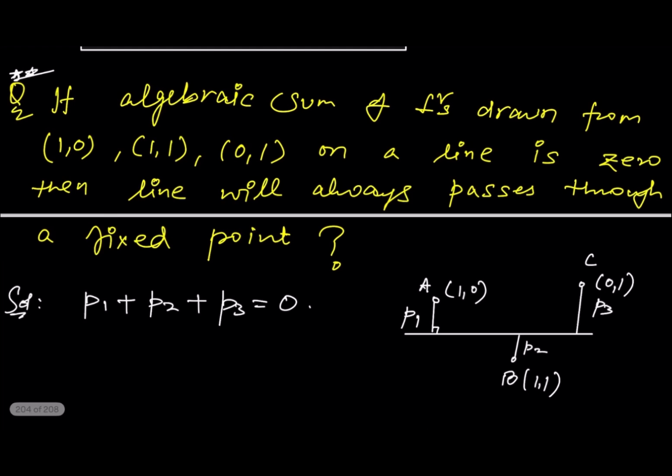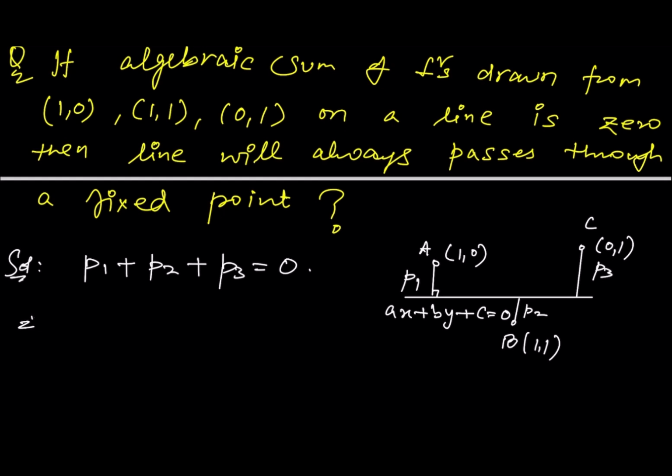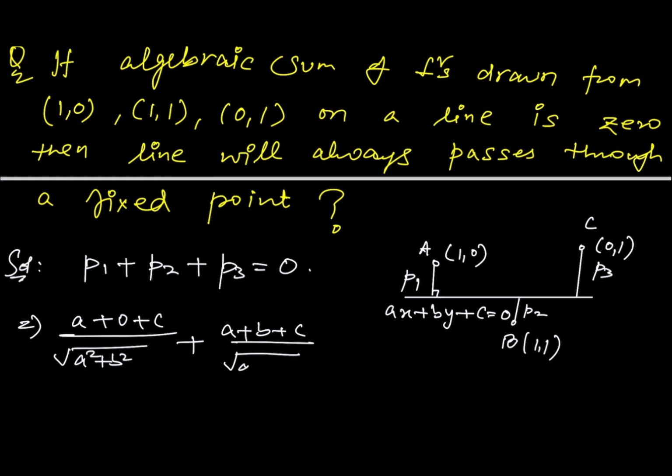And this line is again ax plus by plus c is equal to 0. So P1 is (a plus 0 plus c) upon root over a square plus b square. P2 is (a plus b plus c) upon root over a square plus b square.